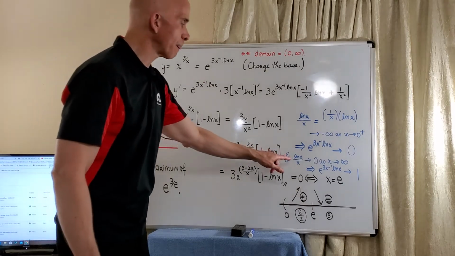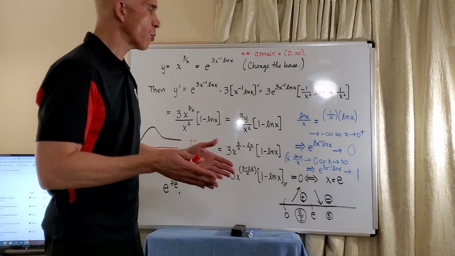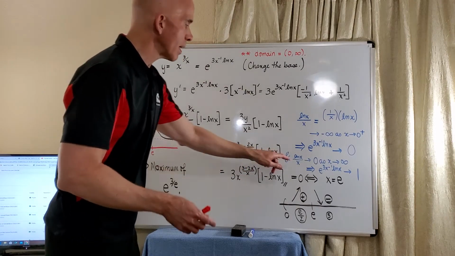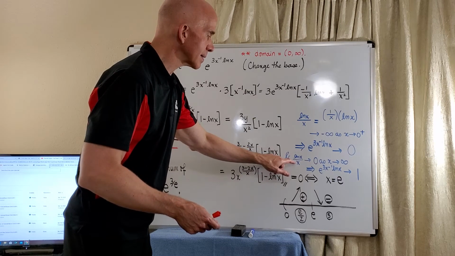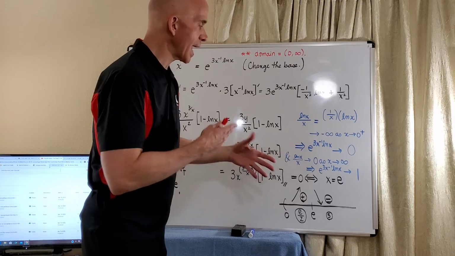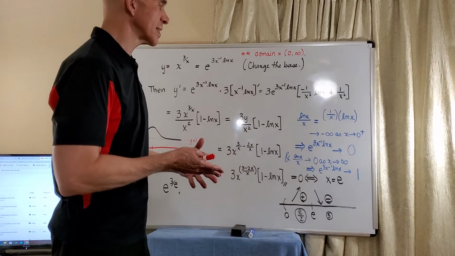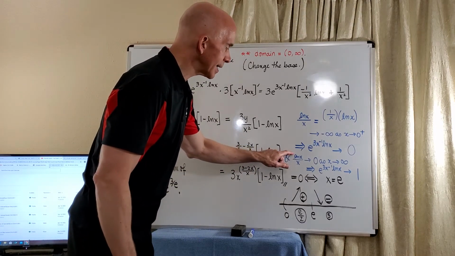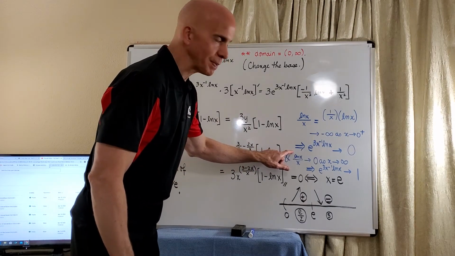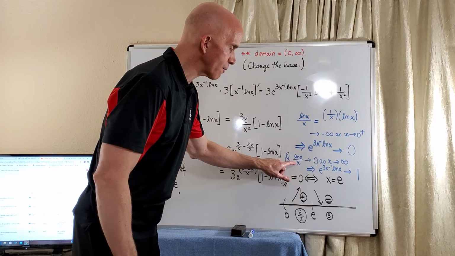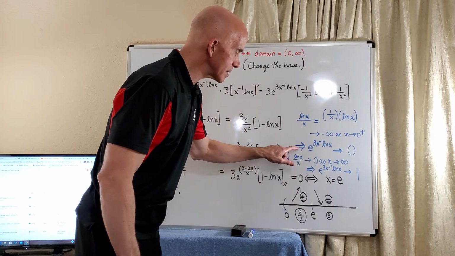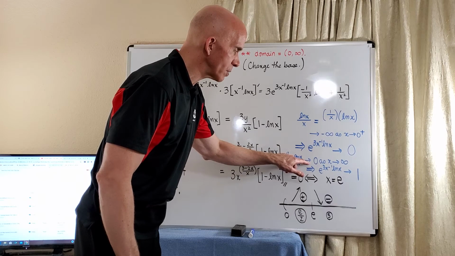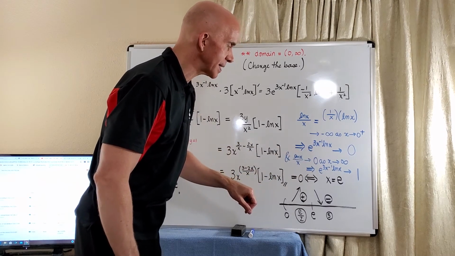And now again, and this is something you'll see more about in calculus too, ln x over x, what happens to that as x approaches infinity? Well, the ln of x increases, but it takes its time. The x will overpower that. So this particular expression will approach 0 as x approaches infinity.